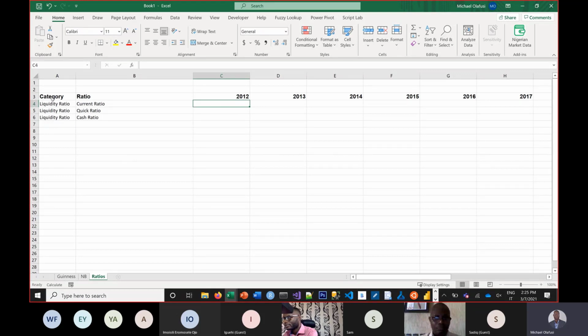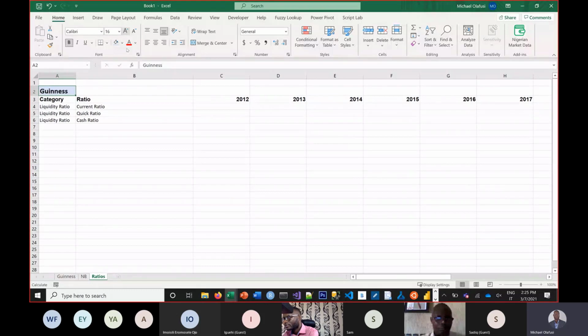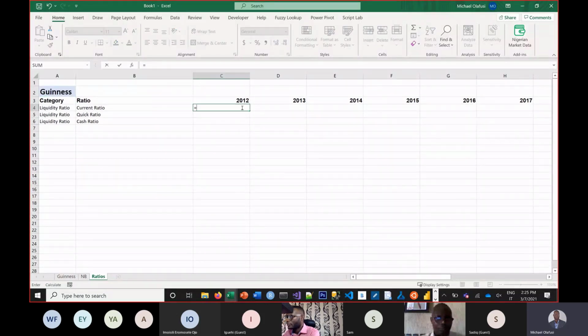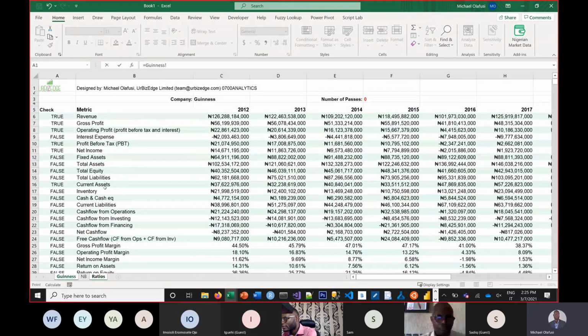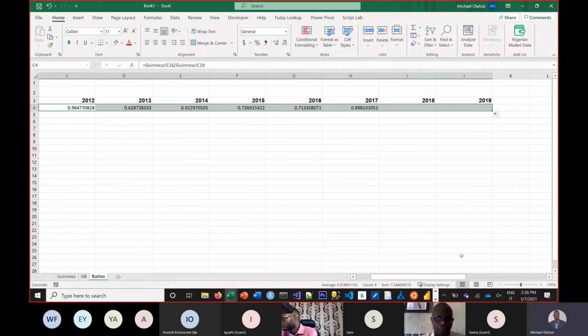So if I go in here, we're supposed to compare. Let's say this is for Guinness. I'm going to make that stand out a bit. Okay, great. I go in here and grab the current assets, row 16. I divide by current liabilities, which is row 19. And I drag all the way to the end.